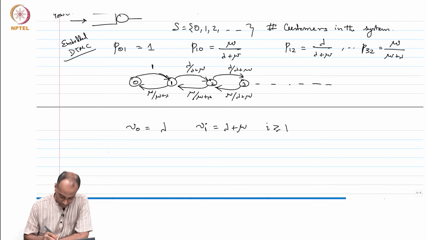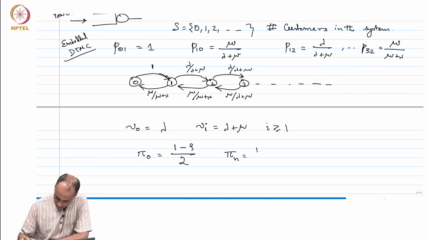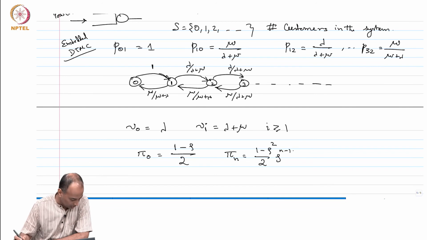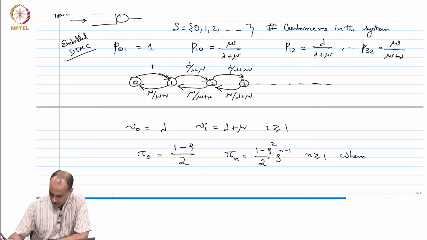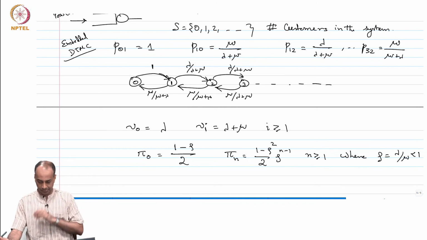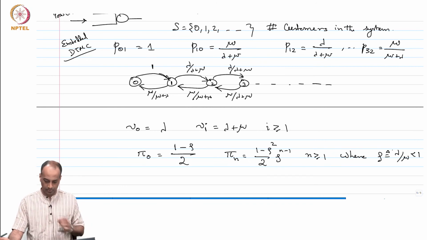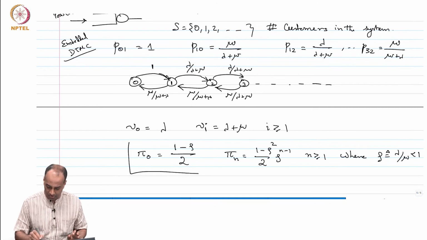In fact, for the embedded DTMC you will have pi 0 is equal to (1 minus rho) divided by 2, and pi n is equal to (1 minus rho squared) over 2 times rho to the n minus 1 for n greater than or equal to 1, where rho is just the load on the system, lambda over mu, which is assumed to be less than 1. Okay. This you can easily solve.